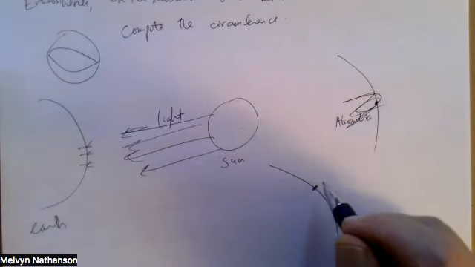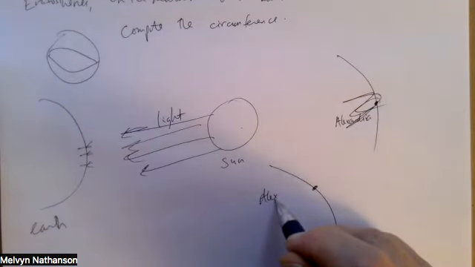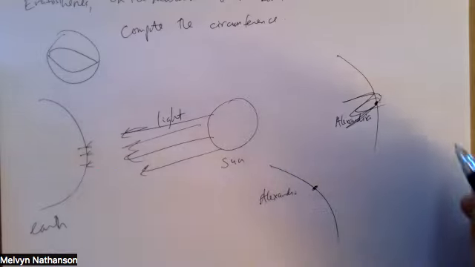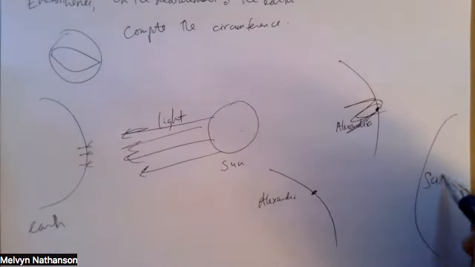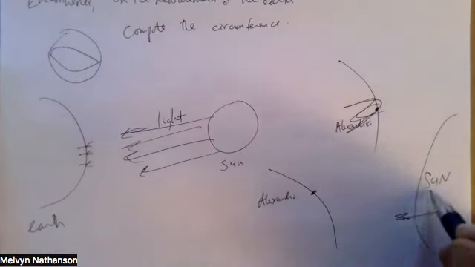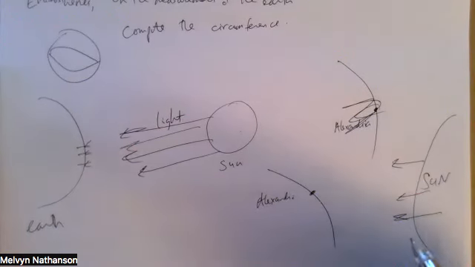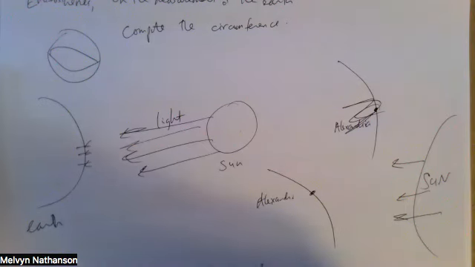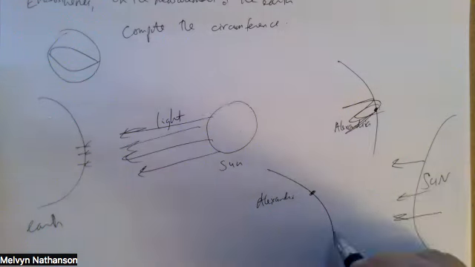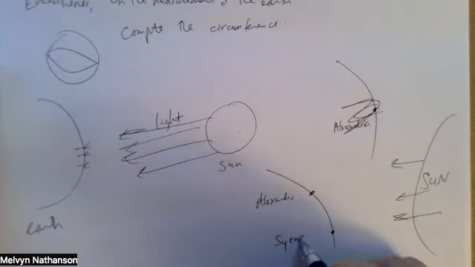So let's say here is Alexandria. And here is the sun, with the rays of light coming and hitting the earth. And it turns out, south of Alexandria, there was a town called Syene. Obviously mispronouncing it, but I'll call it Syene.